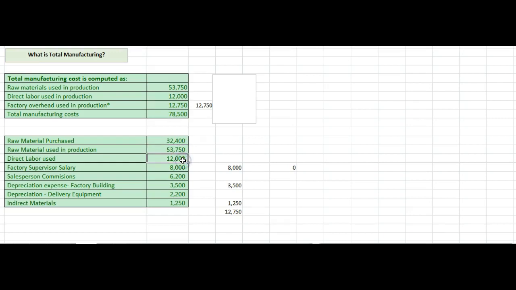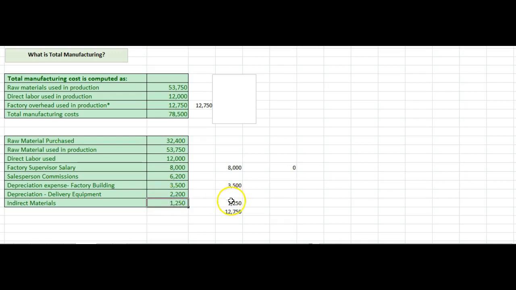Here's our direct labor. And this is an overhead cost. Sales commissions doesn't come in on overhead. It is a period cost, remember, and it'll come out at the bottom. Depreciation for the building is going to be an overhead cost. Depreciation for delivery is a sales cost, so that's a period cost.